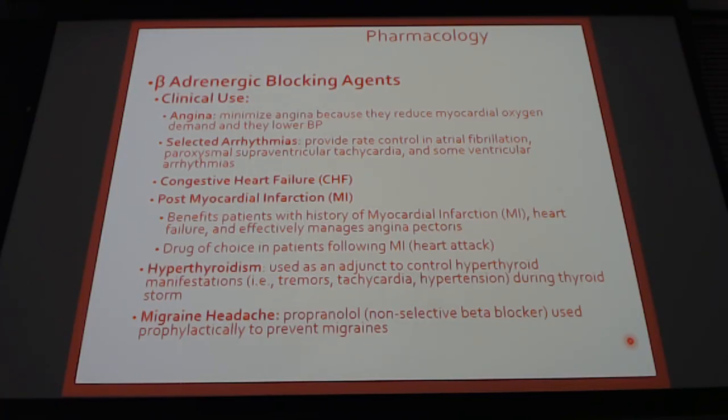And then our migraine headaches, you'll see propranolol used quite a bit for that. Somewhat effective, depends on who you talk to, but it's a very good medication for you to use prophylactically, before they even start to experience the headache. So if someone has several migraines, which we'll go over, you can start to give them prophylactic treatment so that they can prevent the migraines from even happening.